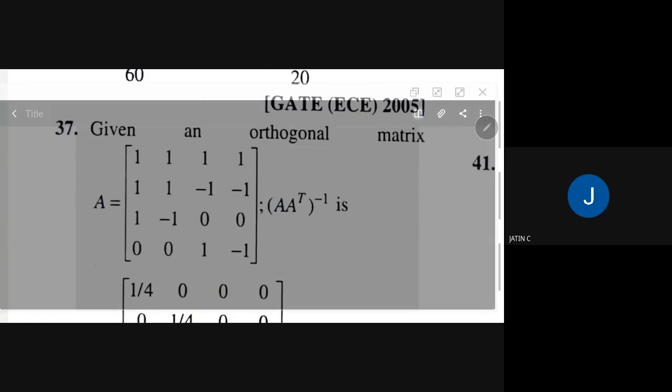Please check. If you take the first column dot product with the second column, you are getting 2; you must get 0. For example, first column dot the third column is 0. First column dot the fourth column is 0. But first column dot the second column is not 0. There is a mistake here.